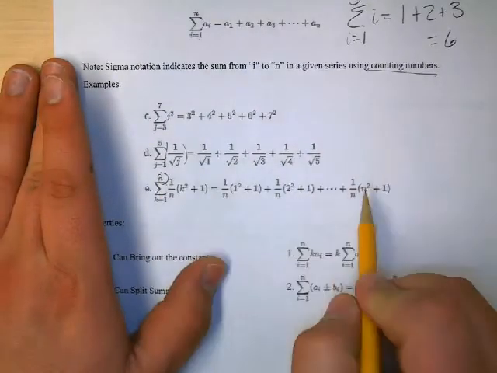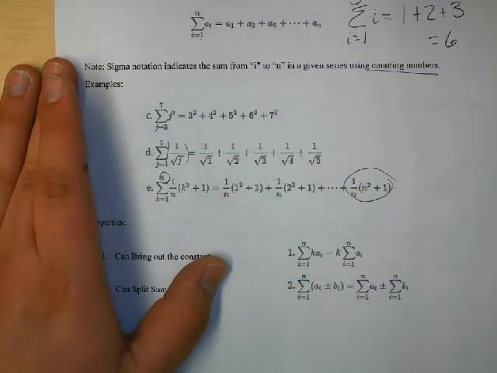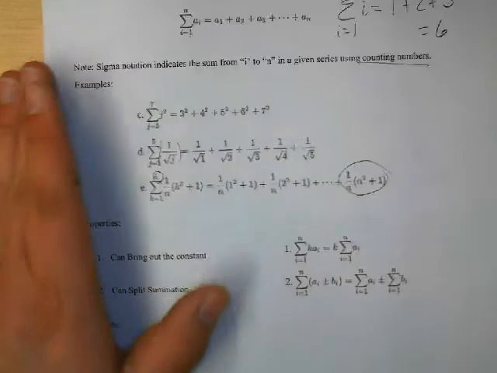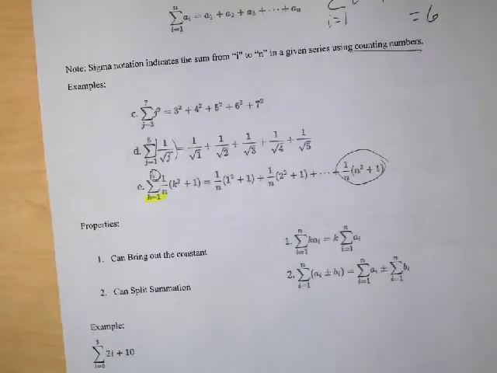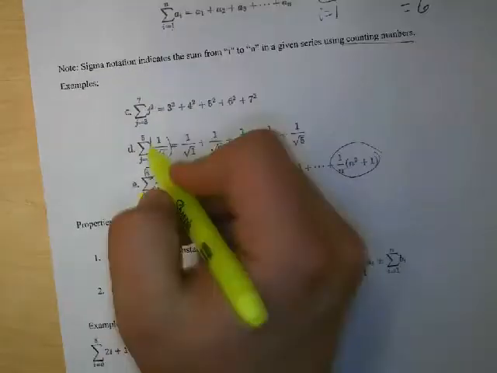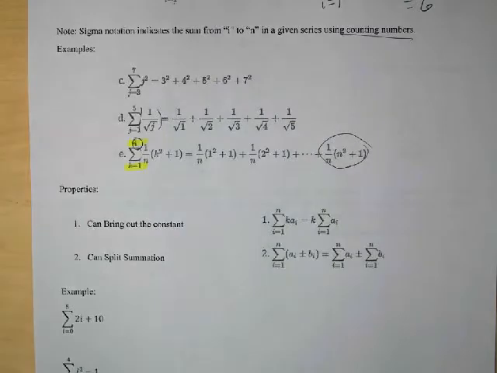So we have to go to a general expression, which is just this one down here. That's what that means. Okay? This k equals 1 is sometimes referred to as a lower bound, and this n is sometimes referred to as an upper bound. So just keep that in mind, understanding what the notation is from there.